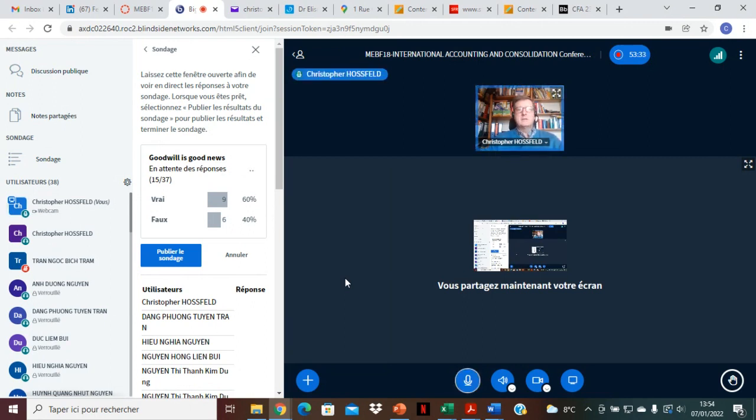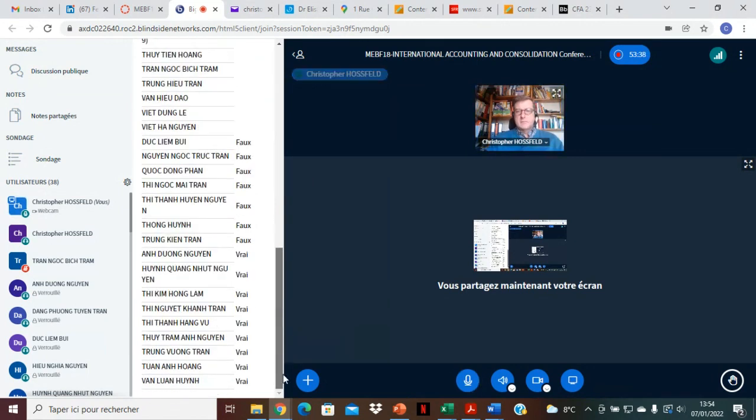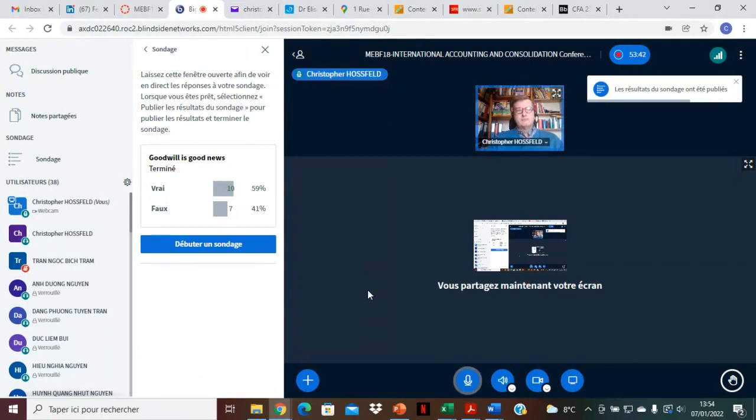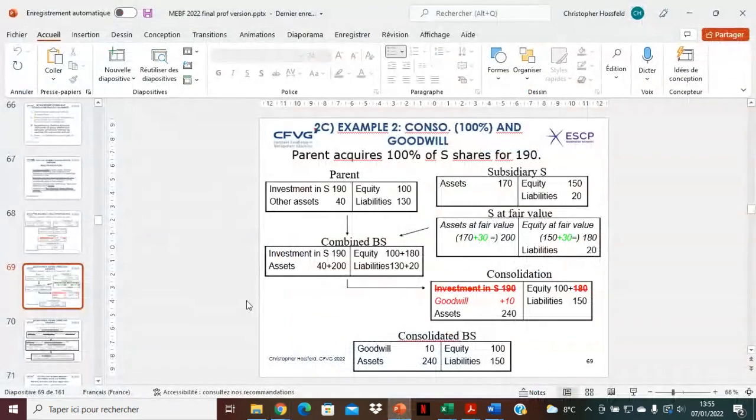Okay. Well, you see, it's almost a split, 50-50. Well, you can't see, but I can see. Okay, so roughly we have 50-50. Okay, so for those who said it is good news, why would you say so? Why do you think goodwill is good news? Anyone? Some of the 10 people who said it's good news?